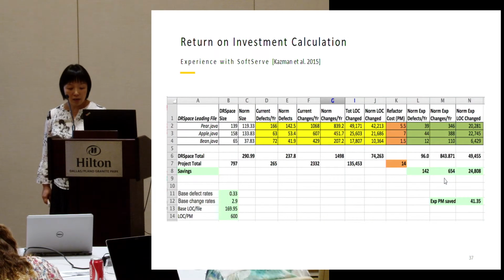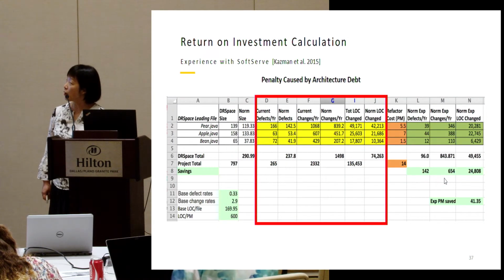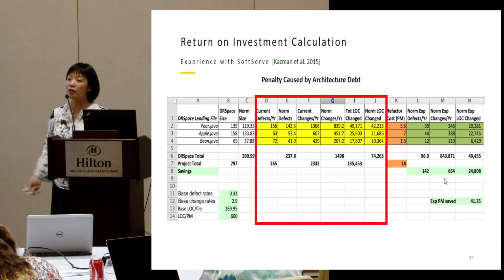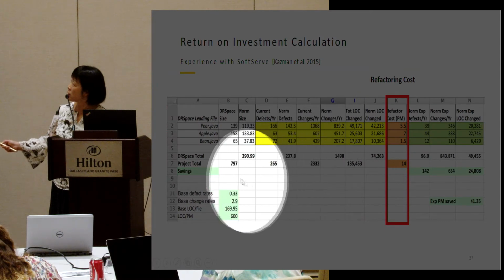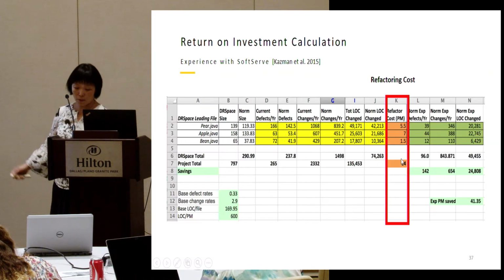Further, given that we already calculated the cost, in SoftServe we also did an experiment asking the architects whether they wanted to refactor them, and what the refactoring cost would be. They estimated for us that refactoring all these debts needs 14 months.